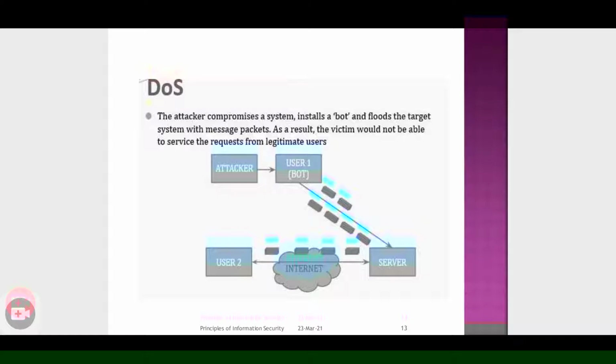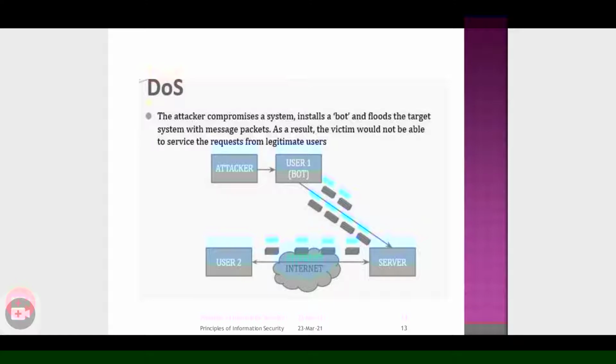Here we have a server and a legitimate user 2, but the attacker compromises a system and installs some bot. A bot is something like malware, and it floods the target system with message packets. He is continuously sending unknown message packets to the server. As a result, the victim would not be able to service the requests from the legitimate users.